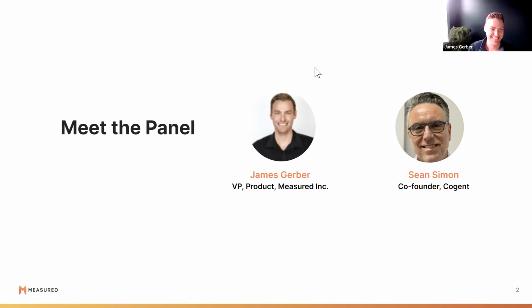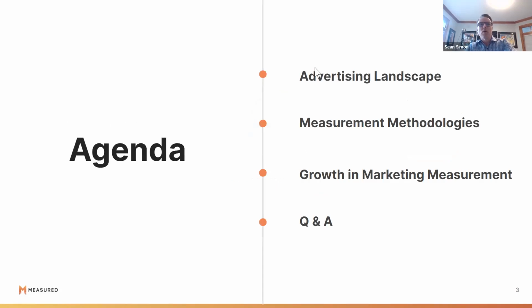All right, so James, flip ahead one. And so today, we're going to try and give everyone a better understanding of the types of measurement solutions at their disposal across the advertising landscape, what the pros and cons of each methodology are.